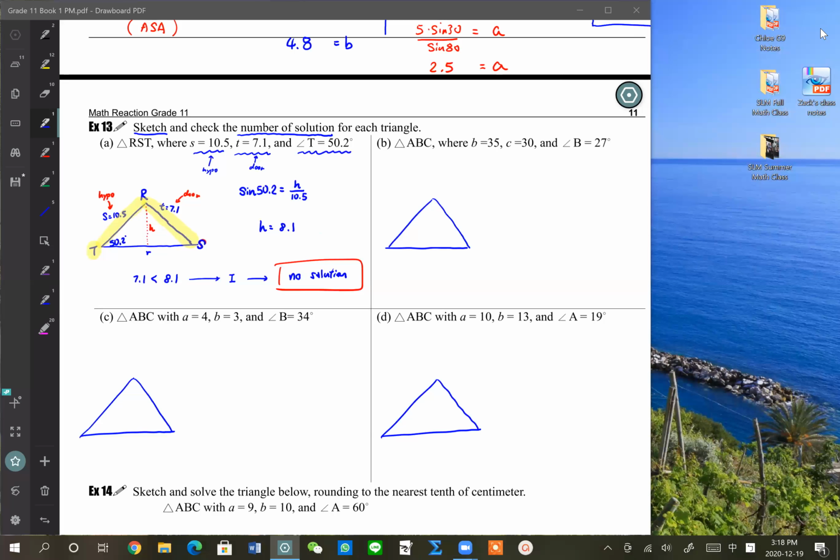Remember the angle, you always put it on the left corner so it looks like the way we memorized it.